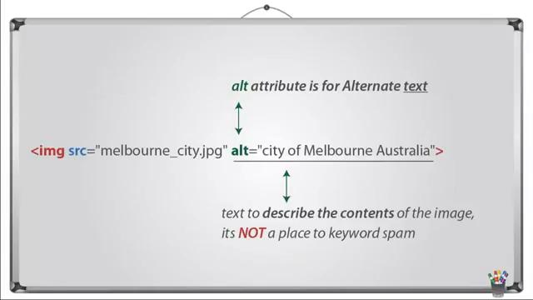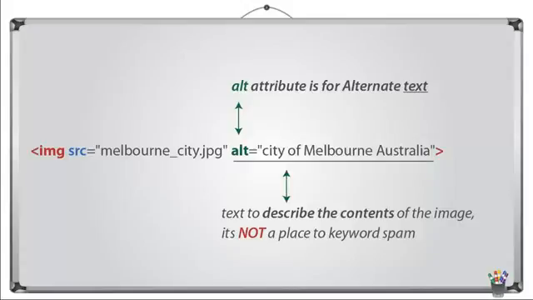when we start playing around and naming our images properly, the alt attribute is used for alternate text. What that means is, let's say we've got an image with its source and file name as you see on the screen now. When we then place an alt attribute, it's very important to understand that the alt attribute is not a place where we can place our keywords.